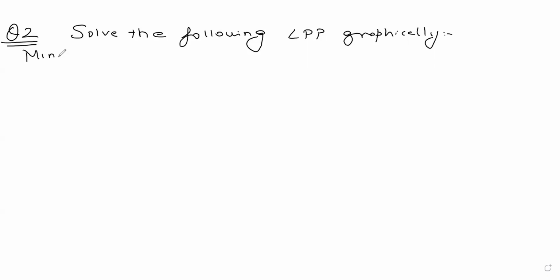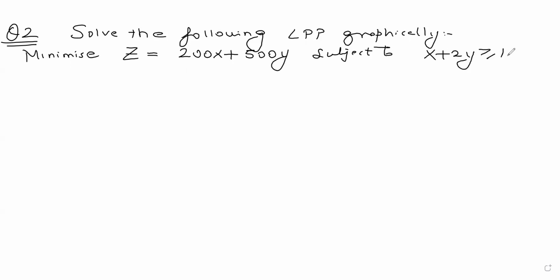Objective is minimize z equal to 200x plus 500y subject to the following constraints: x plus 2y greater than equal to 10, 3x plus 4y less than equal to 24, x greater than equal to 0, y greater than equal to 0.